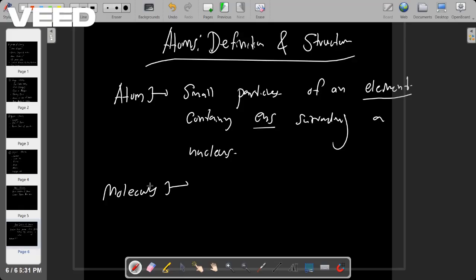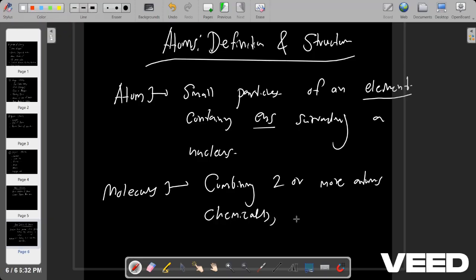Combining two or more atoms chemically, a unit called a molecule is made.